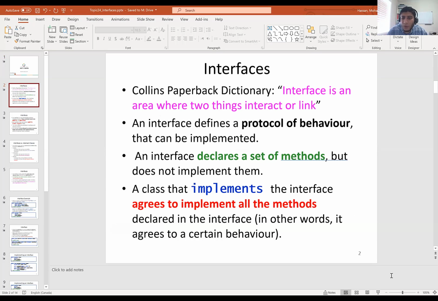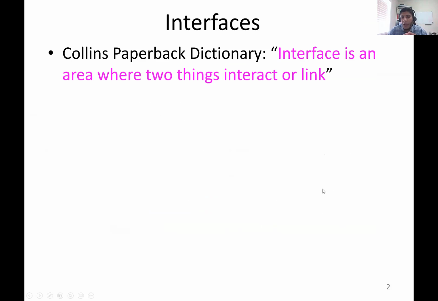So interfaces. Last time we discussed abstract classes, and we said an abstract class is a special sort of parent class that adds an extra constraint. Abstract classes come from inheritance. It's a parent class or a superclass, but what is the extra constraint that defining a parent class as abstract adds on top of the constraints for a child class?